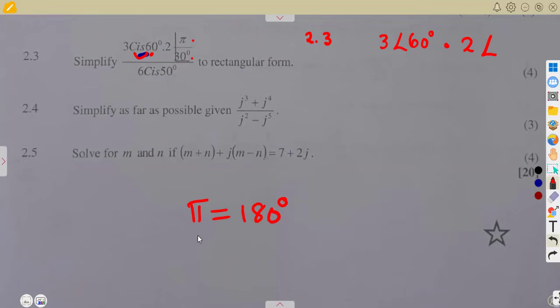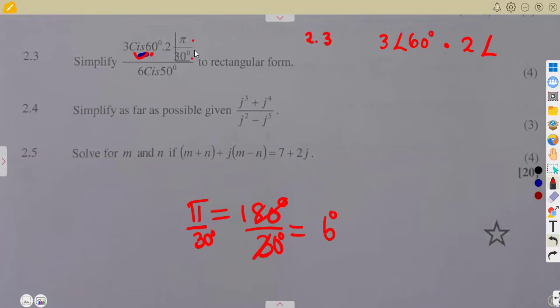So meaning to say, if it is pi over 3, it's also 180 over 3. And 180 over 3 is going to give us what? That is 30, sorry, pi over 30 degrees. So it is 180 over 30 degrees, and that is going to be a 6.